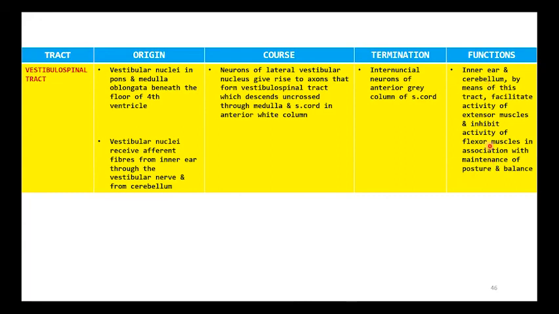With this reciprocal facilitatory and inhibitory effect on flexors and extensors, these pathways maintain body posture and equilibrium. So in one line, the primary function of the vestibulospinal tract is to control body posture and equilibrium.